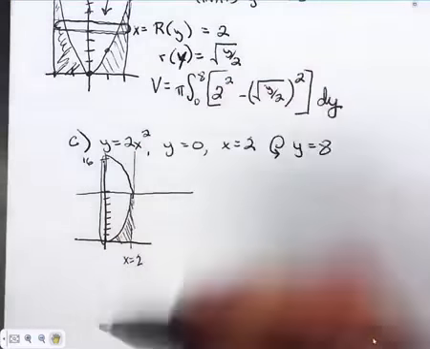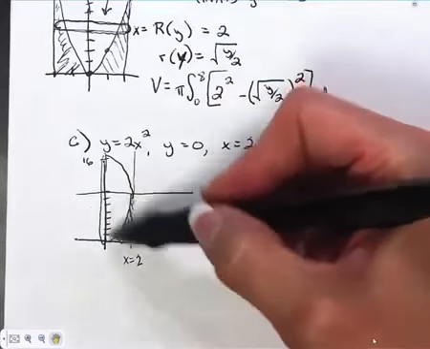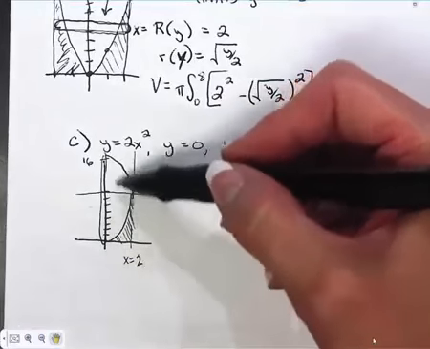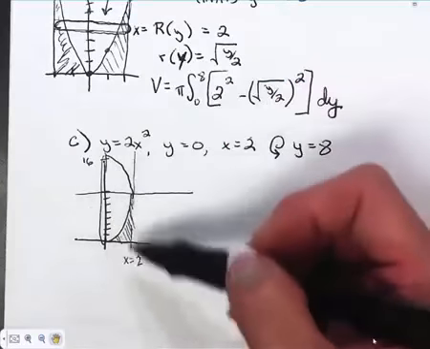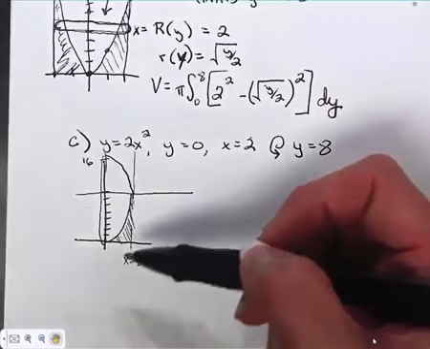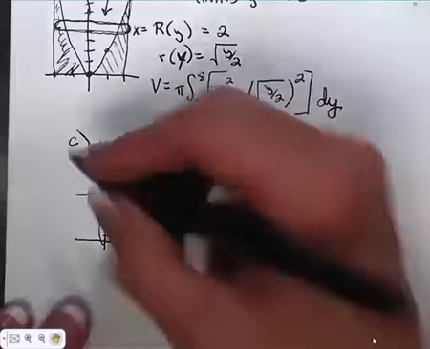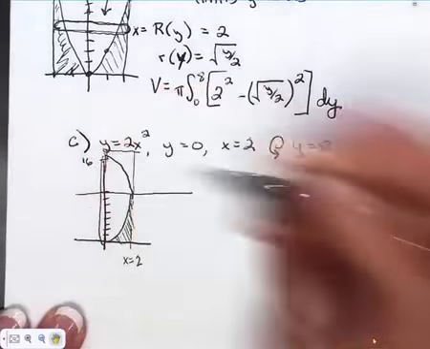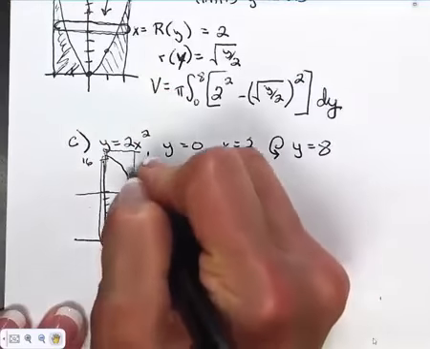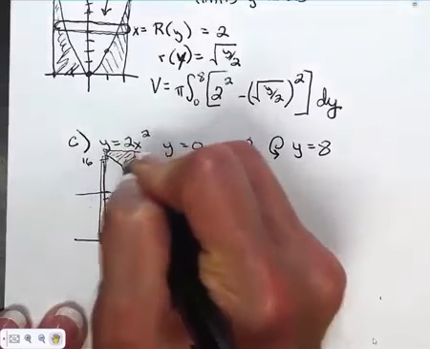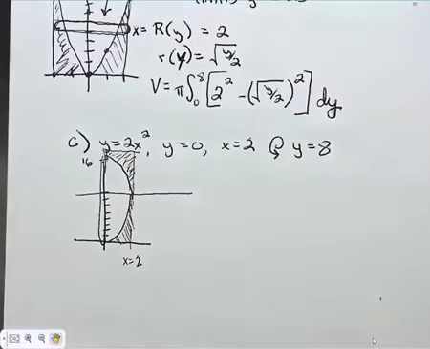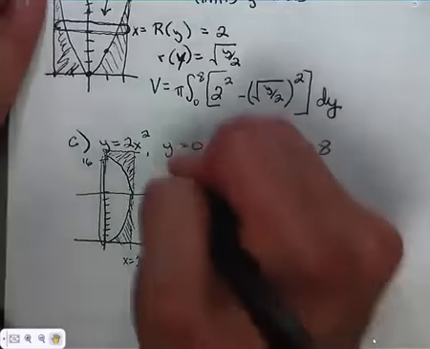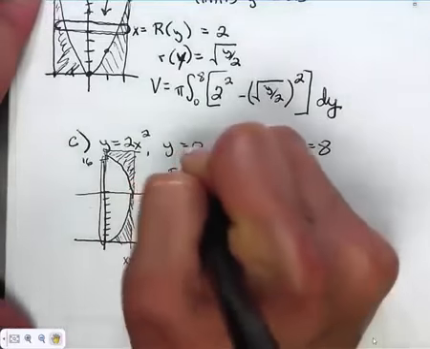Before I shaded it, I was looking at rotating this part. If I was rotating this part around the line y equals 8, it would be a solid. There's no dip, no compression in the middle. But this same region, if I rotate it around the line y equals 8, then I can see the cylinders are going to be washers instead of discs. All right, what's my outer radius being formed by?